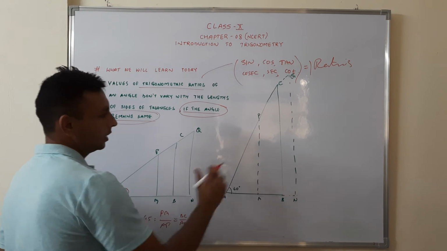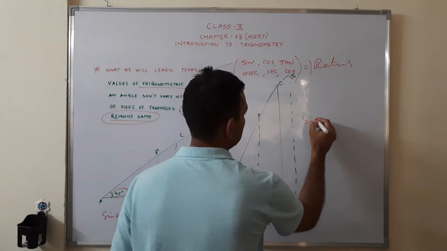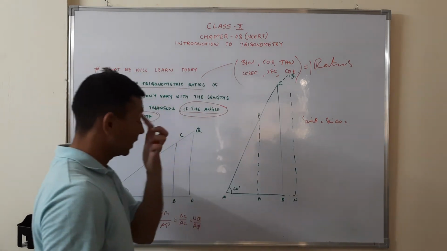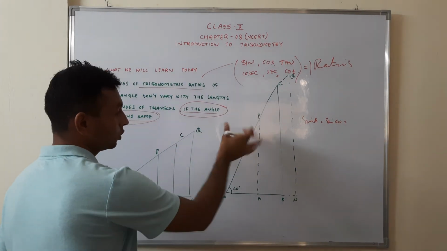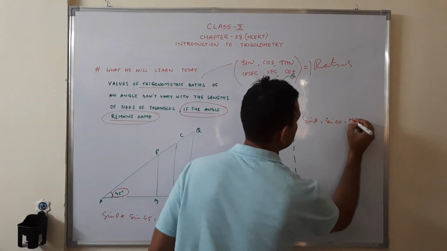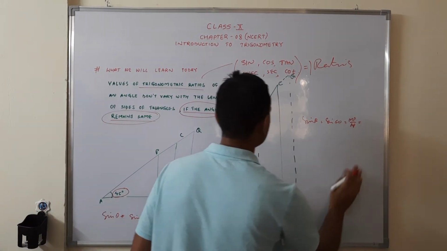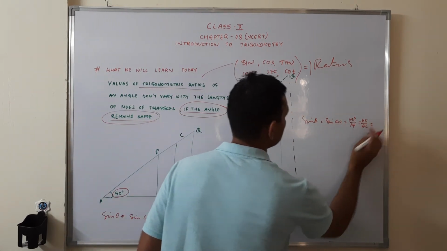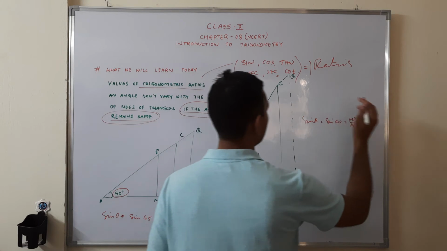Here for sine 60, the ratios will be the same: MP upon AP equal to BC upon AC equal to NQ upon AQ.